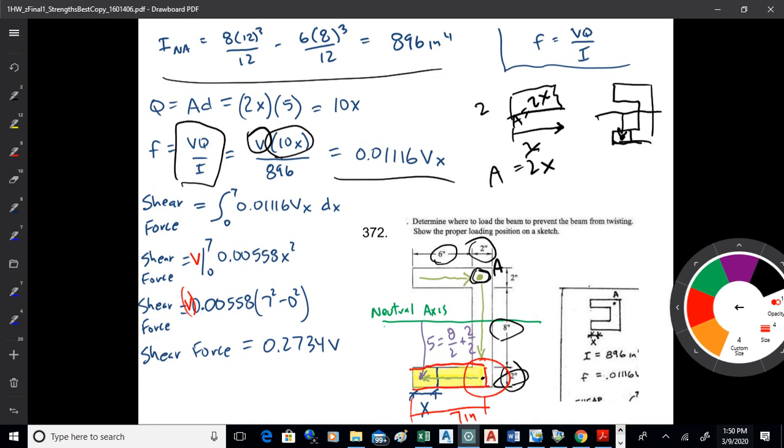And that goes from 0 to 7. Plug in the limits, and I get that 0.2734 times whatever V is the force that builds up in that flange. You might think of that as being 27.34% of the shear force ends up in the flange. All right.